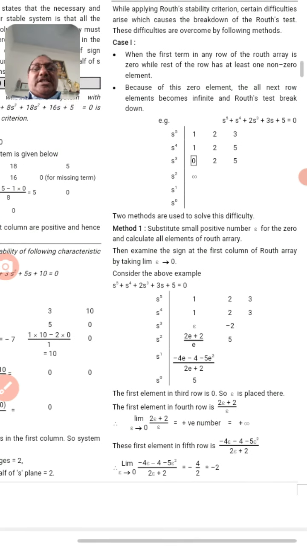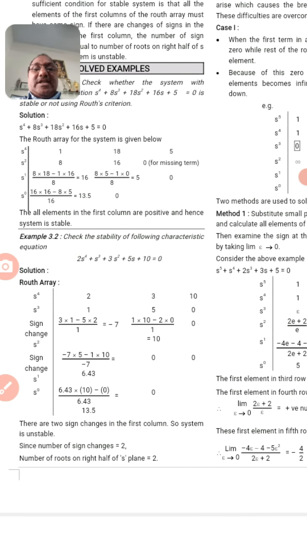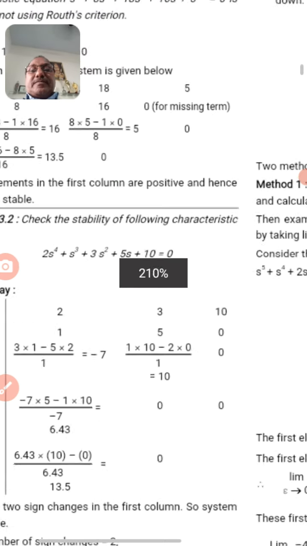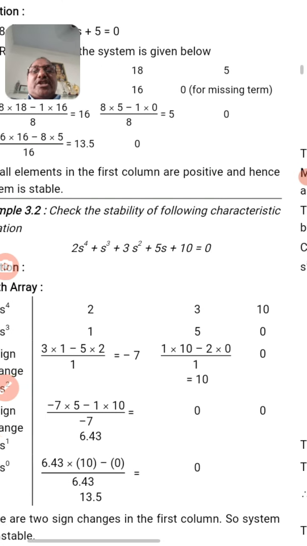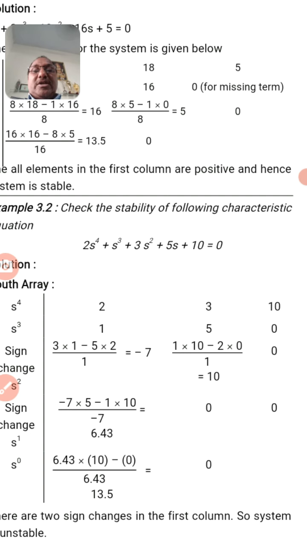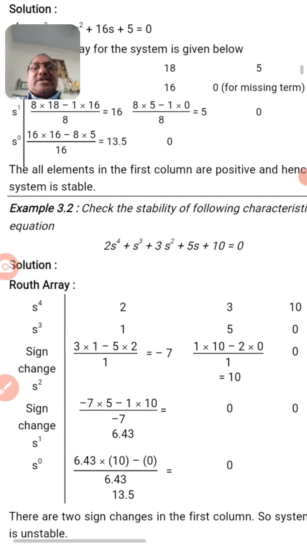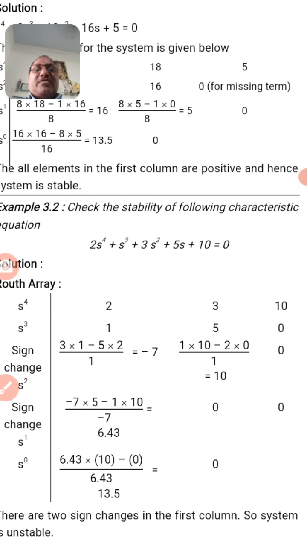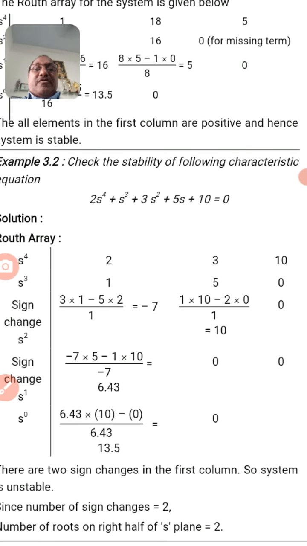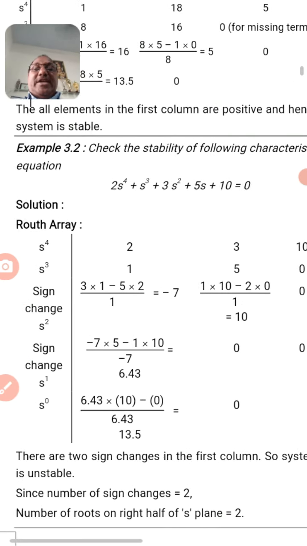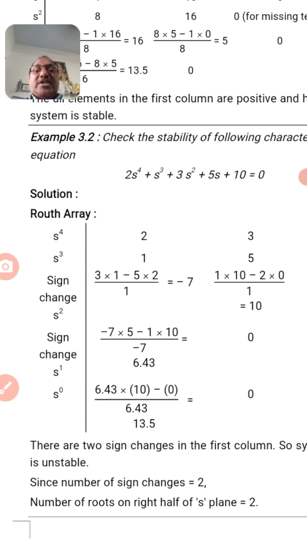It is very easy. We learned in the last lecture how to check whether the system is stable or not for the characteristics equation given in example 3.2, that is 2s^4 + s^3 + 3s^2 + 5s + 10. We find out stability using the Routh-Hurwitz criteria and the array developed by this.